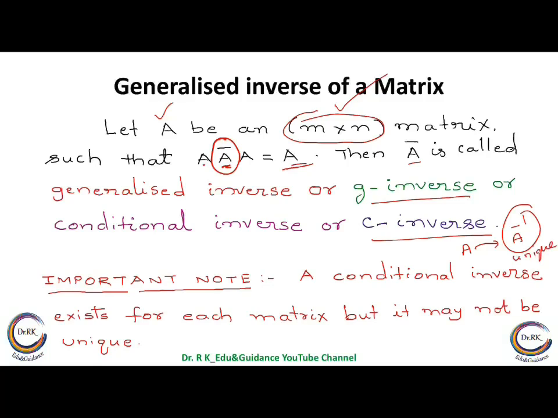But in case of conditional inverse, right, it may not be unique, right? It can have different conditional inverses, right? A conditional inverse exists for each matrix. There is no restriction on conditional inverse of a matrix, right? So if you take any matrix, it will have a conditional inverse.